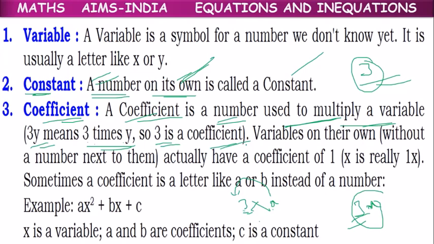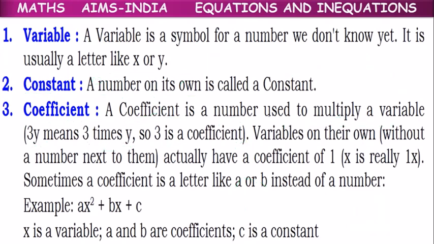Suppose we have a variable without a coefficient, with nothing in front of it. Then we can assume there is 1. Variables on their own actually have a coefficient of 1.